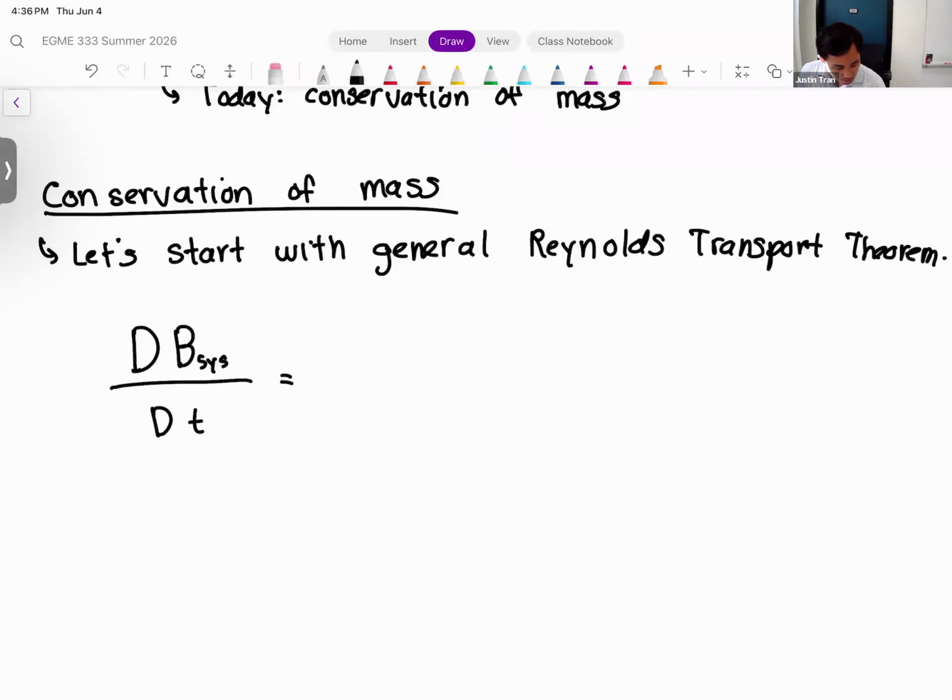In this form, we have the production or the consumption term on the left-hand side. On the right-hand side, we have our accumulation term and our flux term.